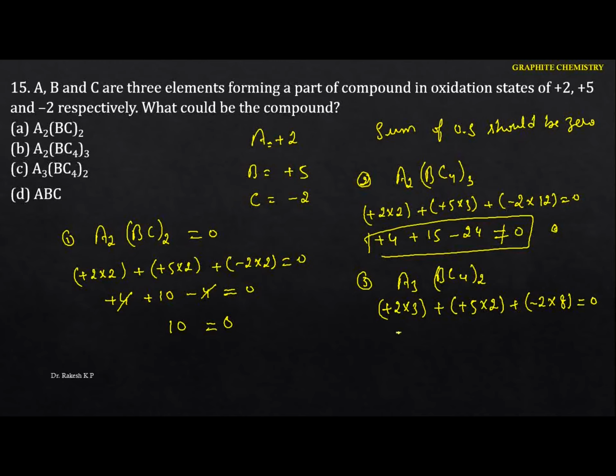Here we got +6, +10, and -16. So plus 16 minus 16 becomes 0, which is equal to 0. Hence in this case the option is C.